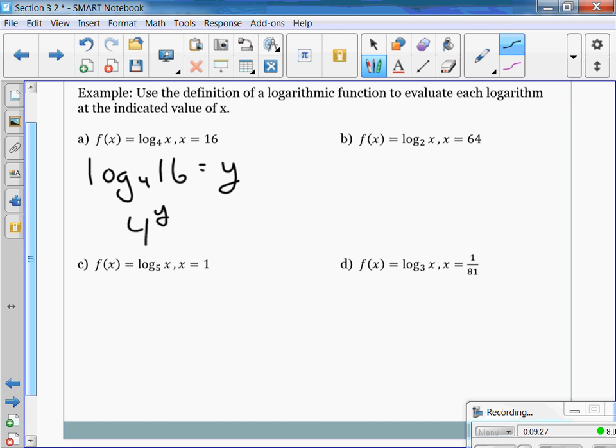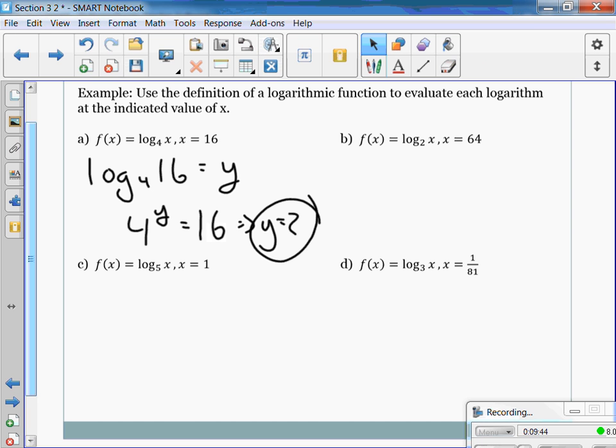I'm looking for that unknown y, so 4 to what power gives me 16? 2. Absolutely. So as Dominic said, f of 16 has a value of 2, because 4 to the second power equals 16.